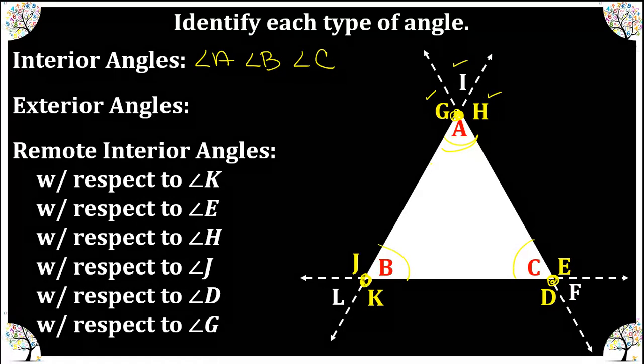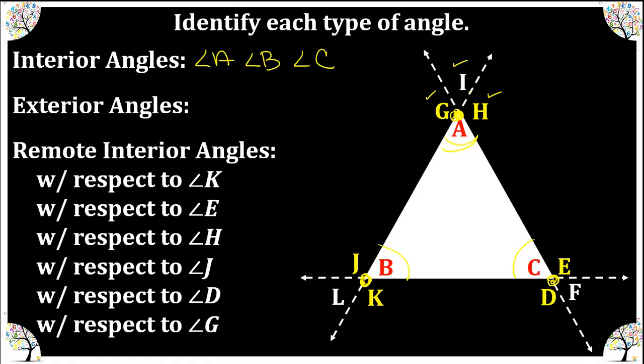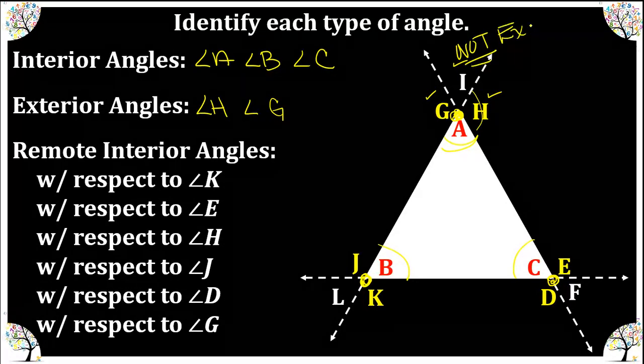The exterior angles are those that are formed when we extend the line, such as when we extend line BA, we created H. So H is an exterior angle. When we extended line CA, we created angle G. Angle I is not an exterior angle.